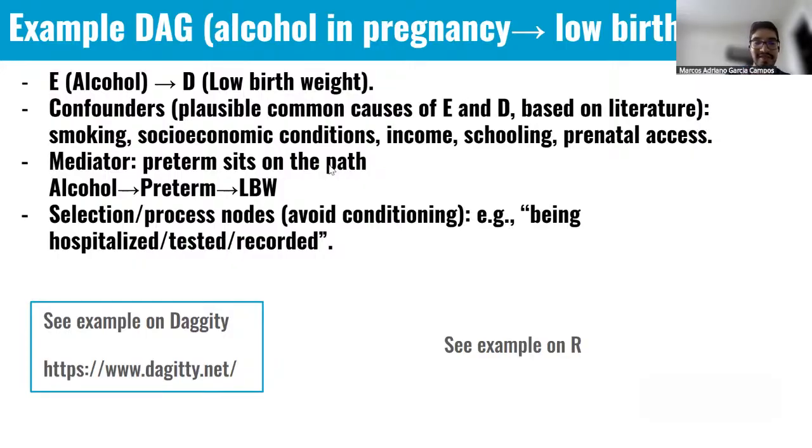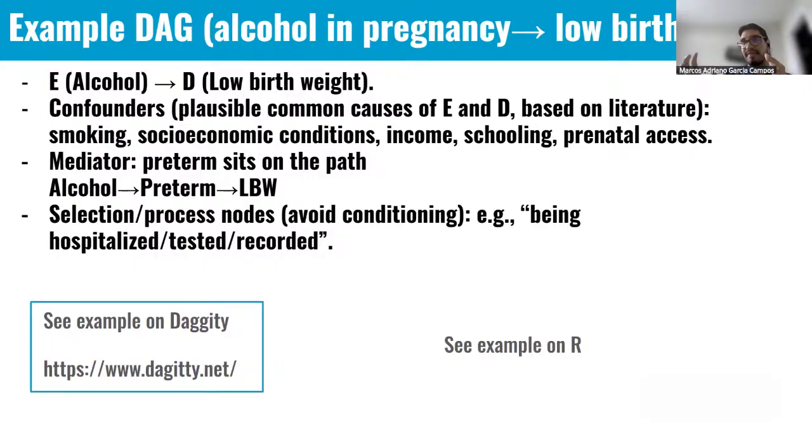And the mediator, as Bruna said, preterm birth, sits on the path in the middle of the way. So alcohol leads to preterm birth, and preterm birth will lead to low birth weight, because it's a small baby. Just avoid conditions like the patient being hospitalized, tested, or recorded, because they don't imply anything here.